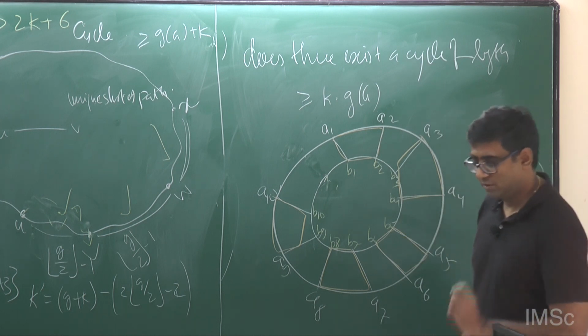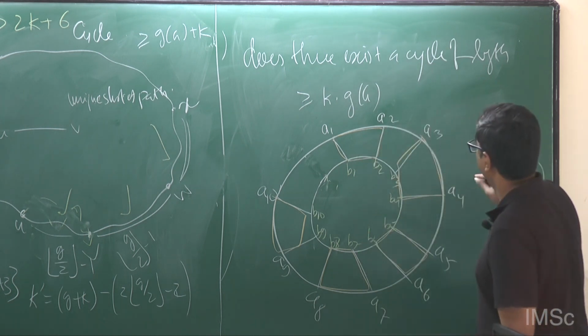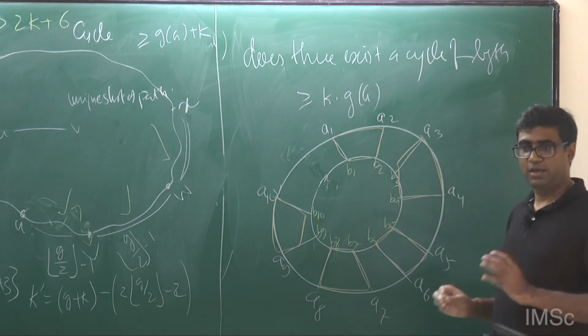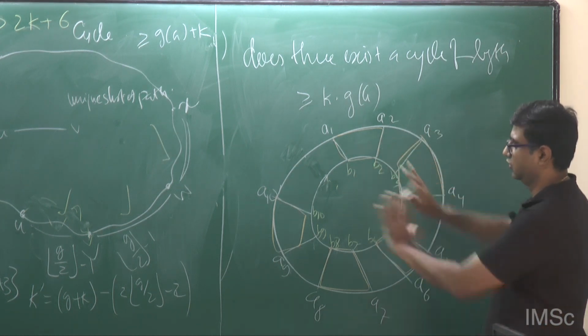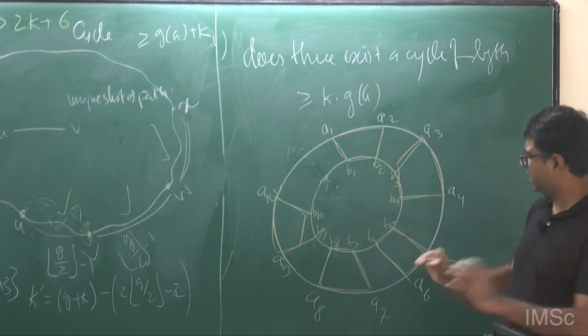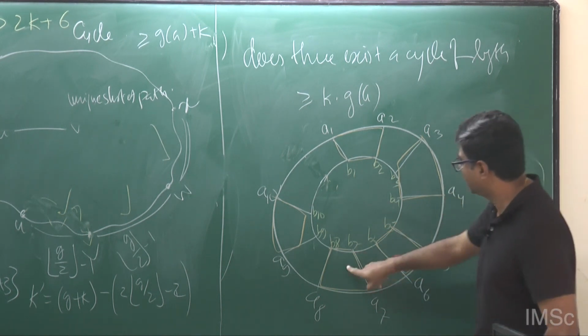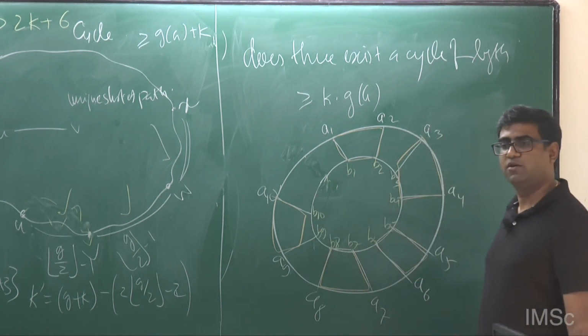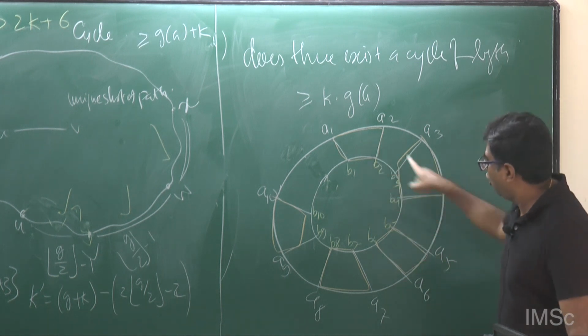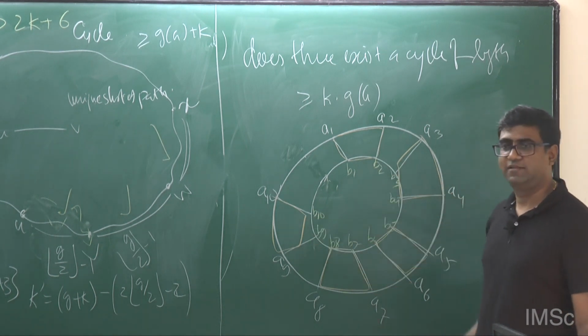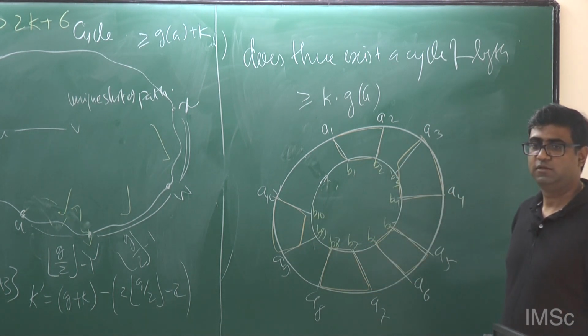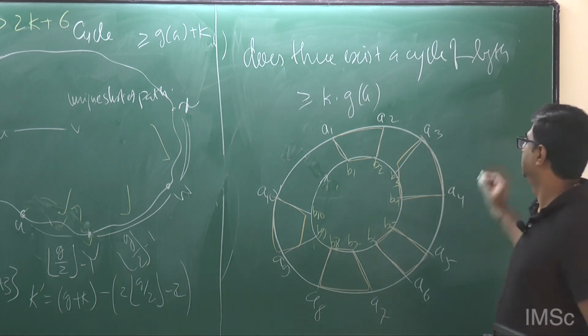So suppose my graph has such a structure, exactly like this. So these are cycles. What can we say about these cycles? What is the length of each of these cycles? At least girth.